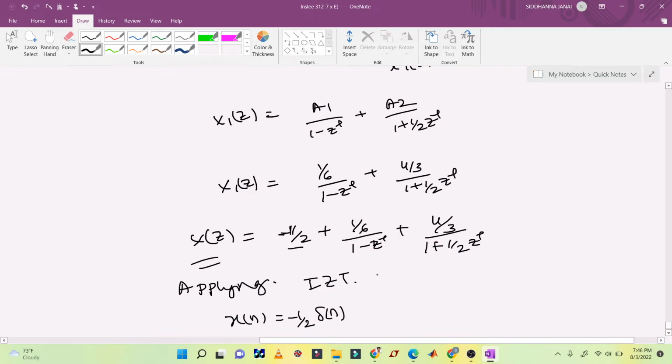Okay, this second term plus 1 by 6, here z inverse has 1 behind it, that is 1 to the power n u of n, plus 4 by 3, this term 4 by 3 divided by 1 plus 1 by 2, that's why we will write minus 1 by 2 to the power n u of n.